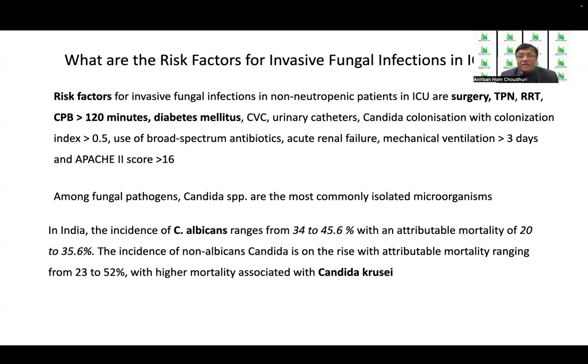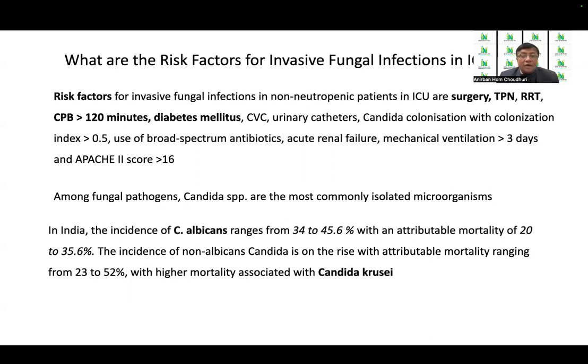So a host of factors are there, and there is a scoring system, the Candida score. I'm not going into details because it will take time. Among the fungal pathogens, Candida species are the most commonly isolated microorganisms, and in India, Candida albicans ranges from 34 to 45%. It has an attributable mortality which is quite high, almost equal to some of the bacterial infections.